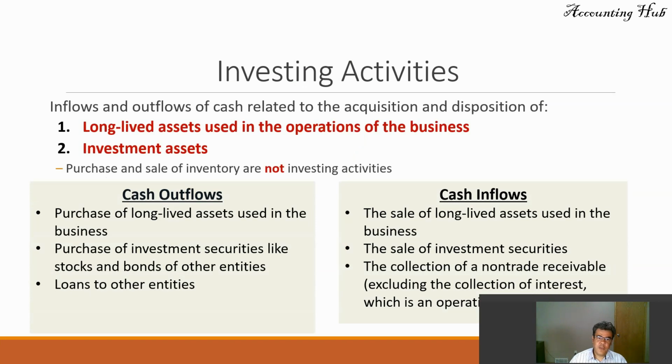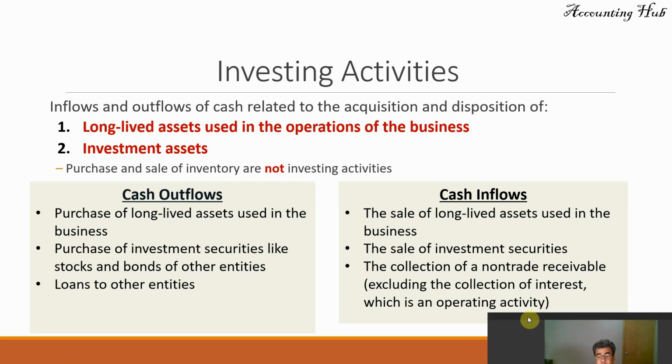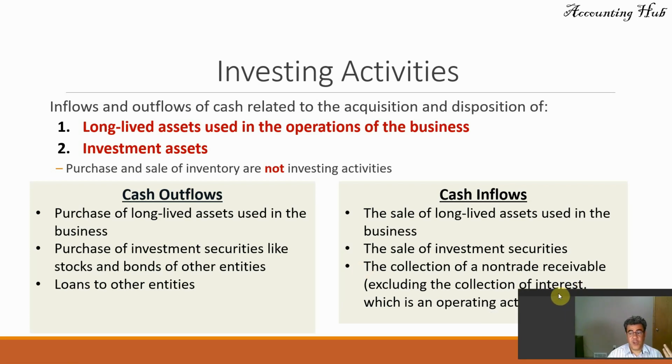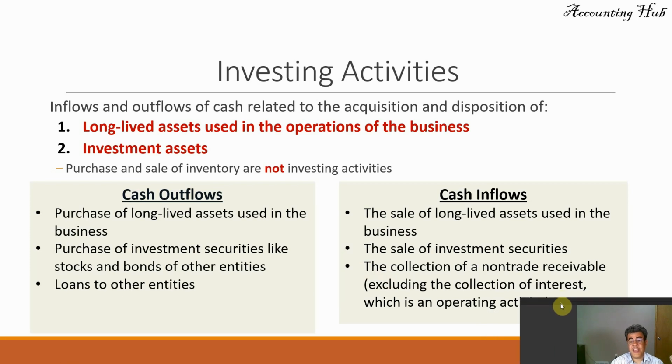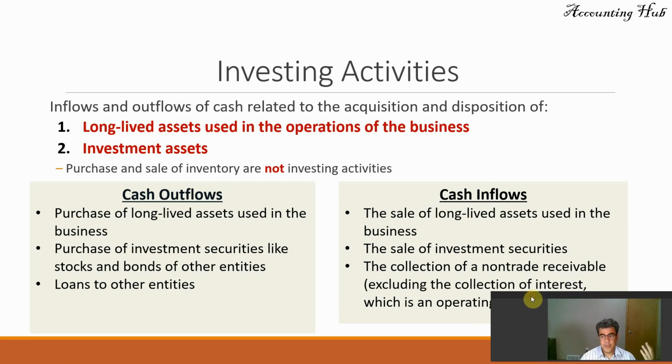Investing, usually assets. The outflow, purchase of these assets. Long-lived assets, investment, or loans to other entities. That is your assets. Cash inflows, the receipts, the sales of these assets. Okay?